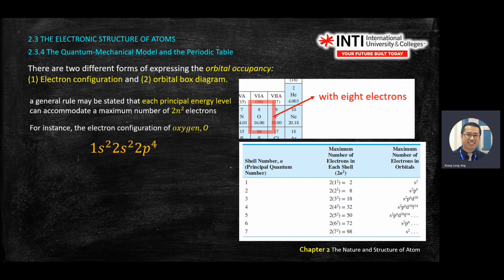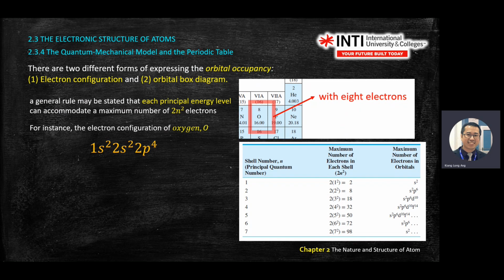For n equals 2, you have 4 orbitals. So this is n equals 1. Inside n equals 1, you only have s.